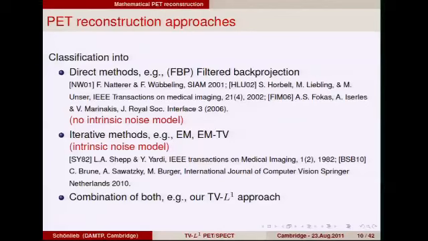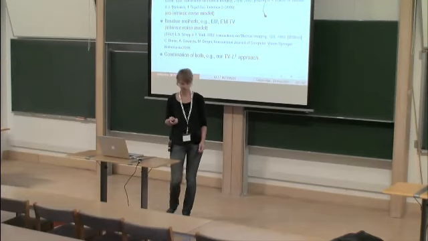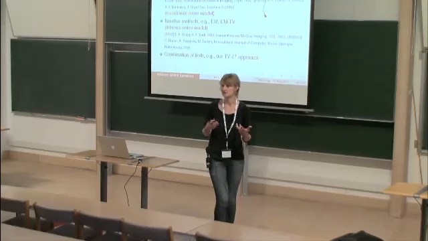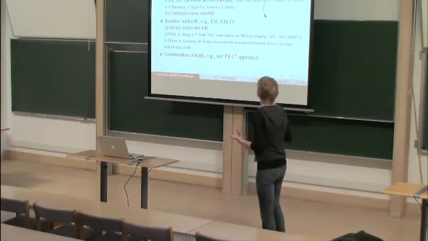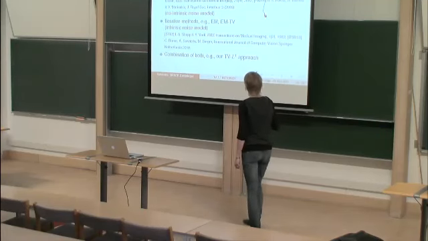So you have your measurements, and you want to compute the image by inverting the radon transform, and you approximate this inversion process. The main characteristic of these direct methods is that they do not model the noise distribution intrinsically.